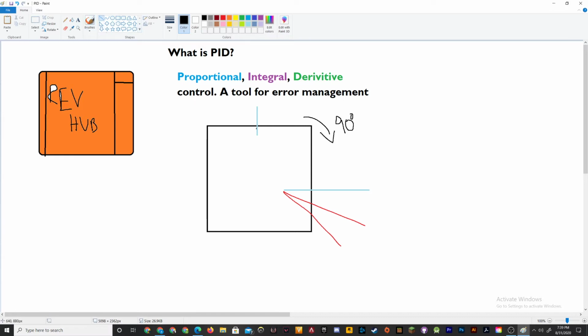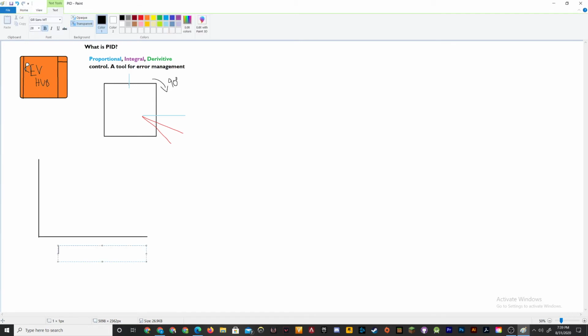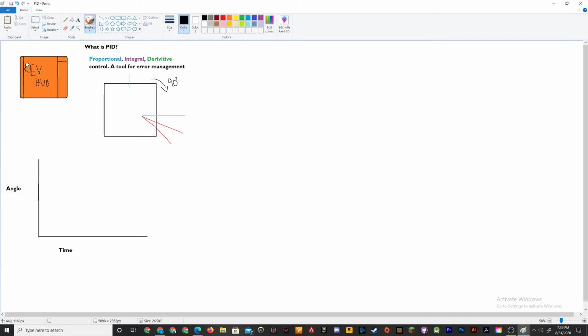So let's zoom out and draw a graph with relation to time. So time, and this is going to be your angle. It can execute all kinds of funky movement, basically going up and down.